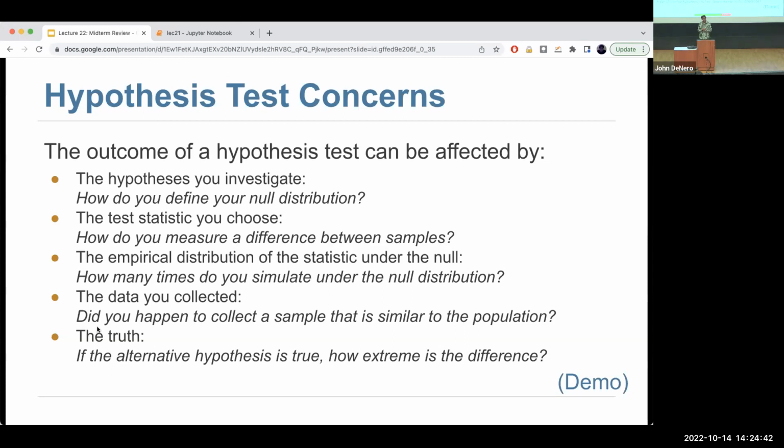The other thing that can affect the outcome of the hypothesis test is the truth. If the alternative hypothesis is true, fewer people really do like super soda than its rival. How many fewer matters a lot about whether you're going to be able to detect the difference.